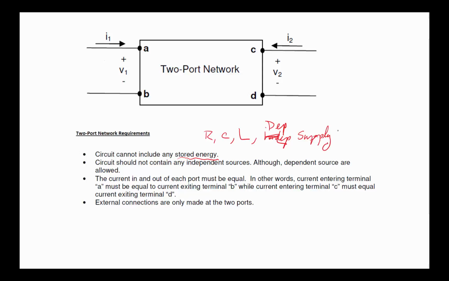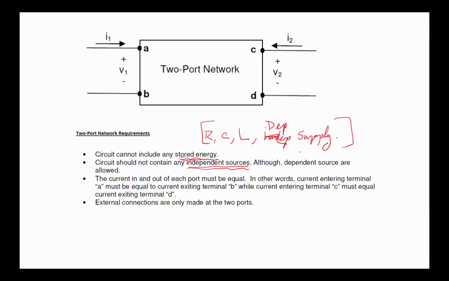But it cannot, for example, include independent sources or batteries or things like that. So it cannot have anything that stores energy, and cannot have anything that independently generates energy. But it's okay to have R, L, C, and dependent sources in it.